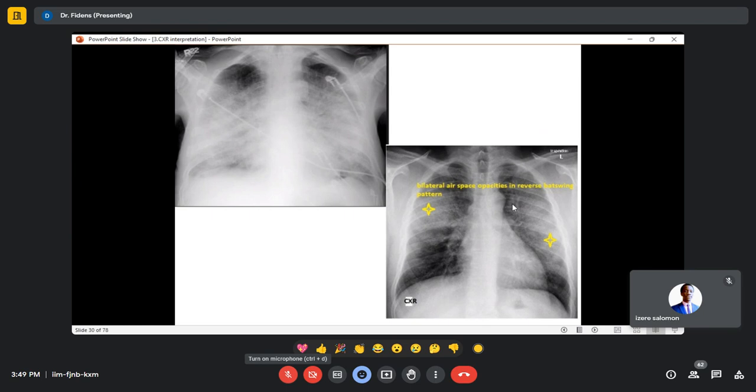Centrally or medially, there is no opacity. You can see the margin of the heart are very well outlined. This is now reverse batwing appearance of the opacities, and it is seen commonly in fat embolism. Okay? Clear?